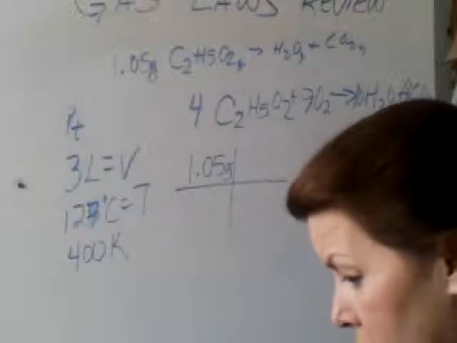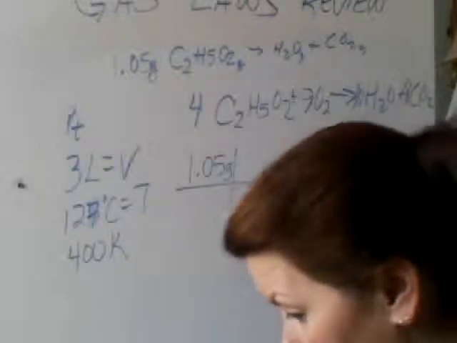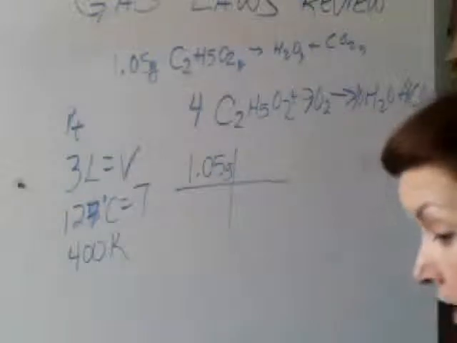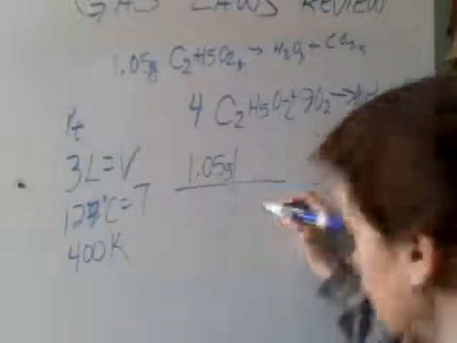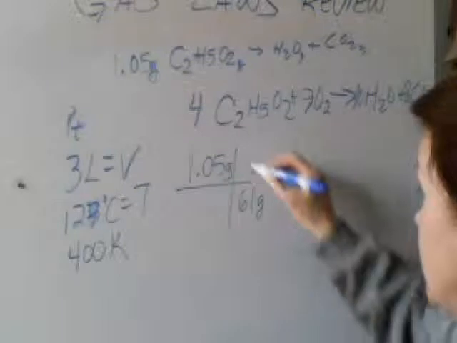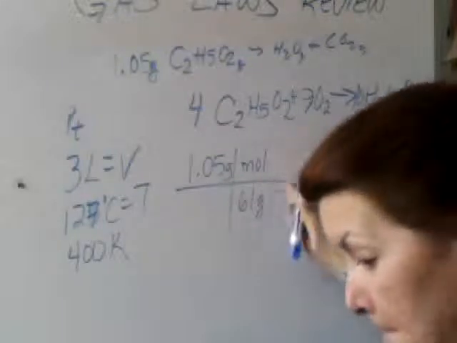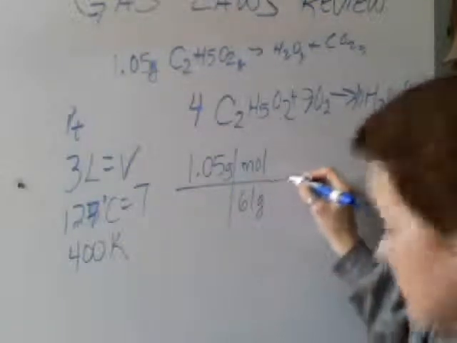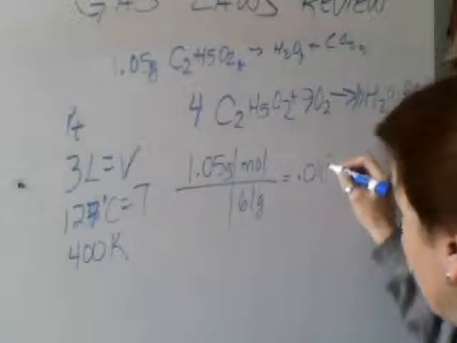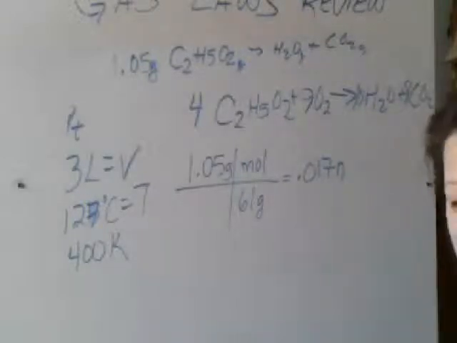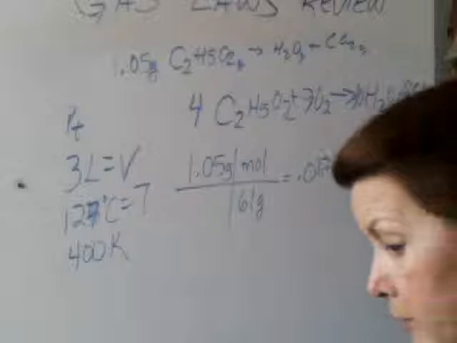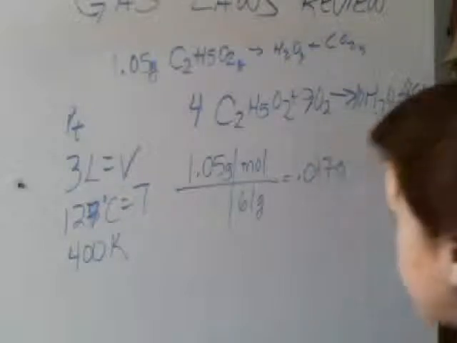And so we know that 2 carbons plus 5 hydrogens plus 5 oxygens gives us a molecular mass of 61 grams per mole. And that tells us that we have 0.017 moles of ethylene glycol that are going to participate in this reaction.